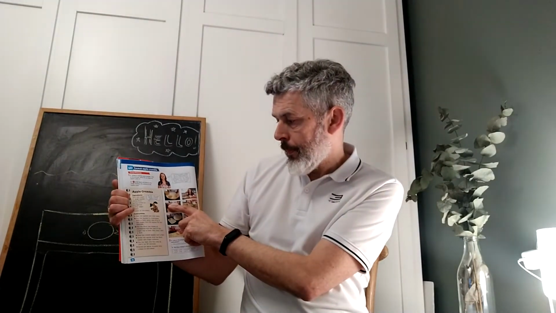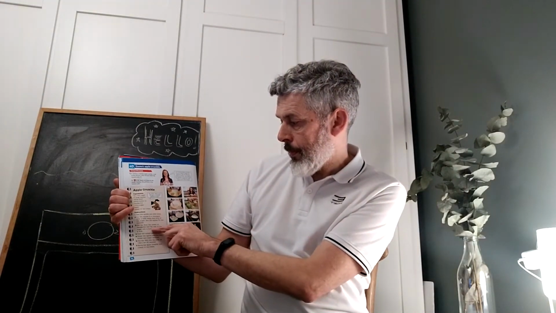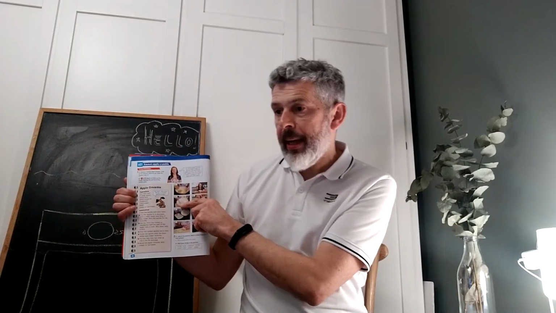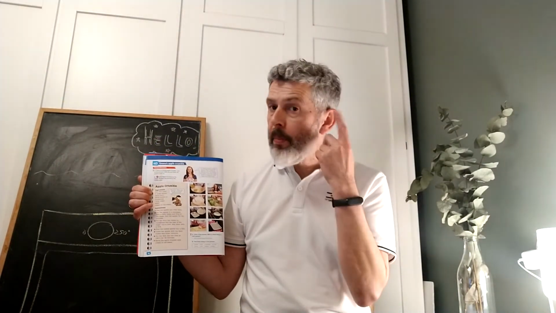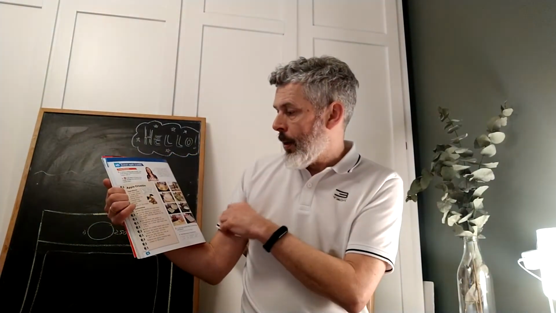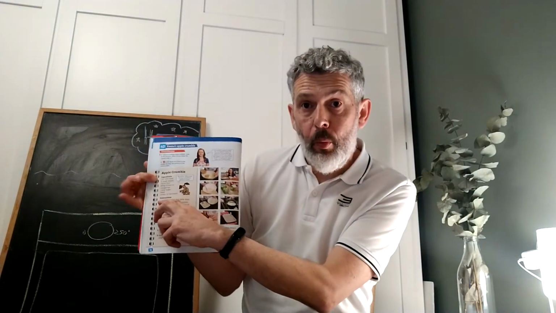What about C? Okay, in C, she's mixing the flour, butter and sugar. Okay, repeat. She's mixing. Mixing. Okay. What about D? Use number 1, the word from 1.